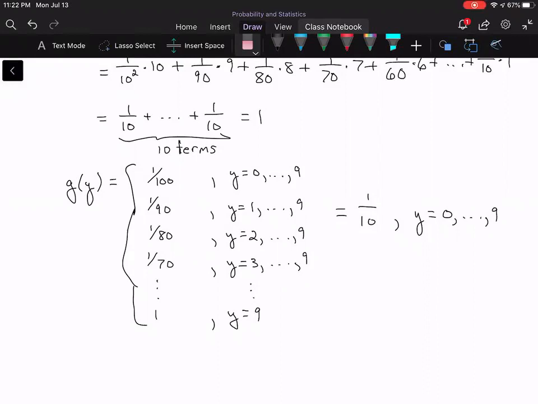And then when y goes from 1 to 9, which is when x is 1, that's going to simplify to 1/10 also. And so is the next one, and the next sum, and the next sum. And so I could view this as 1/10 when y is 0, when it's 1, when it's 2, 3, 4, up through 9. And if you don't see it, you could always check, is summing 1/10 from 0 to 9 going to give you 1? And it does. And so that was the thought process that I went through.